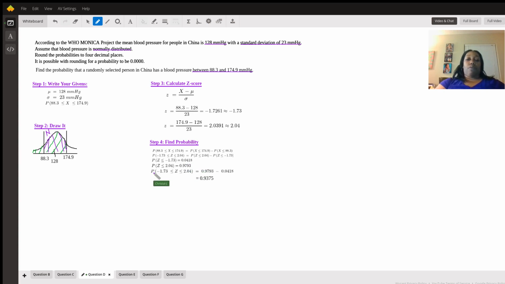And if you remember from the previous question, for 174.9, the area for that was 0.9793. So all we would do is take 0.9793 minus 0.0418, and that would give us our answer of 0.9375.